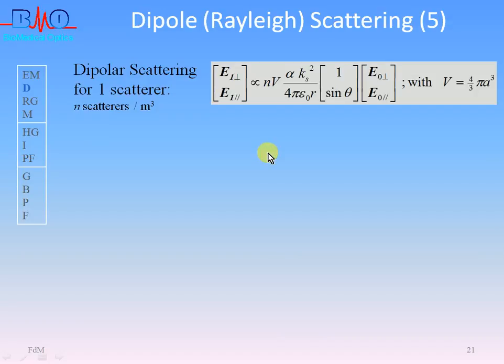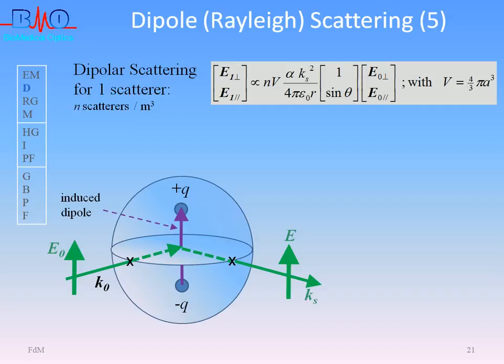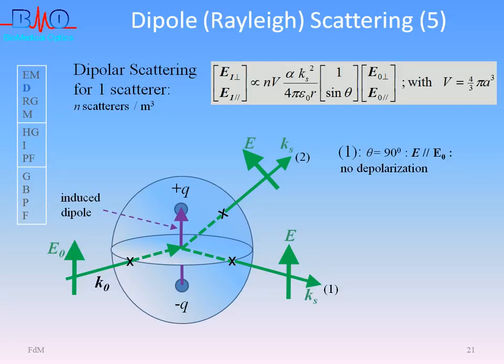Here is the expression again, and now a general overview. The induced dipole scattering with the scattering wave, another scattering direction with another scattering function, scattering field. In situation 1, there is no depolarization because the E is parallel to E0.